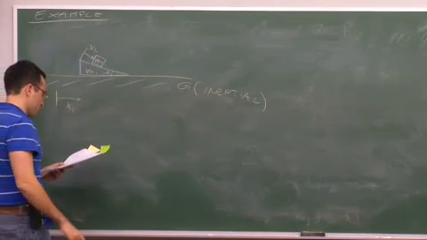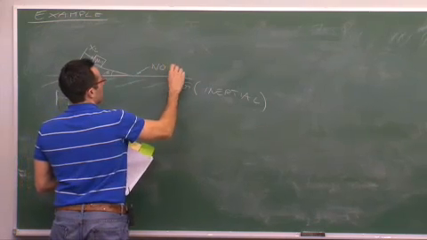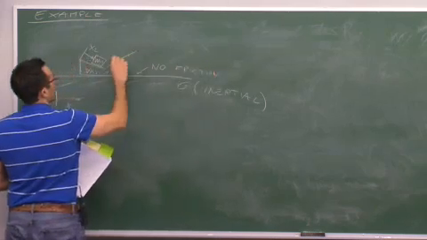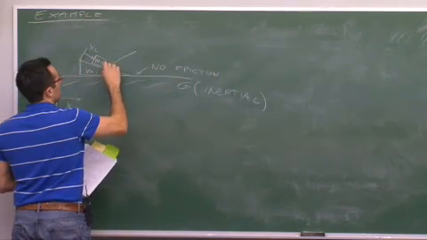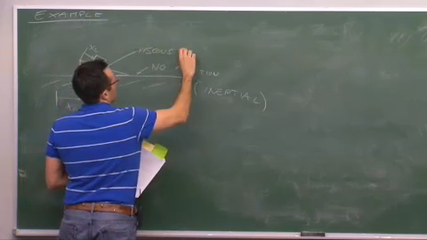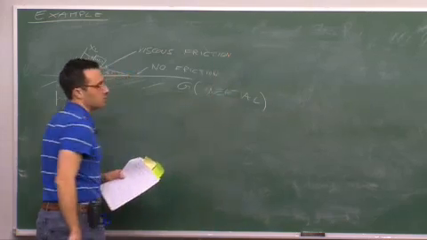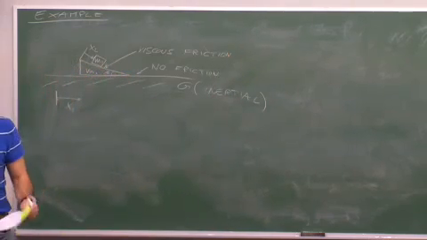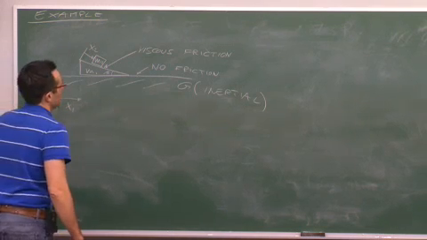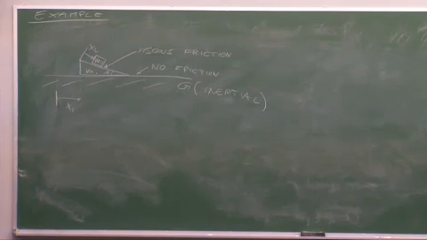Okay, there is no friction between the wedge and the ground, but there is friction here between the two objects. Viscous, doesn't matter. Why am I always giving you viscous friction, by the way? What do you think? We've done the other one as well. We've done Coulomb friction, right? In both cases, you have to find the V relative.